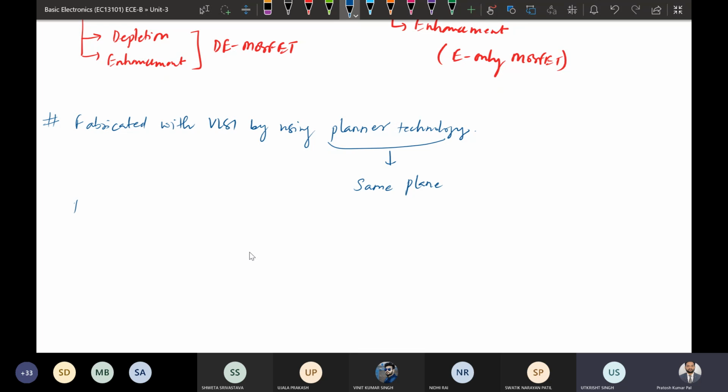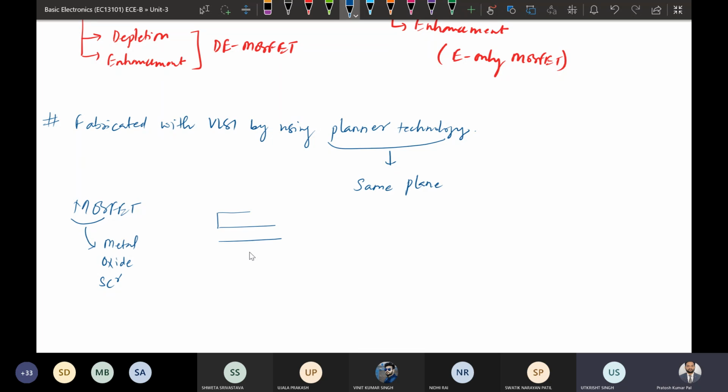Here it is MOSFET. These three letters indicate MOS, that is metal, oxide, and semiconductor. So there will be three different layers: one will be metal, another will be oxide, and one layer will be semiconductor.